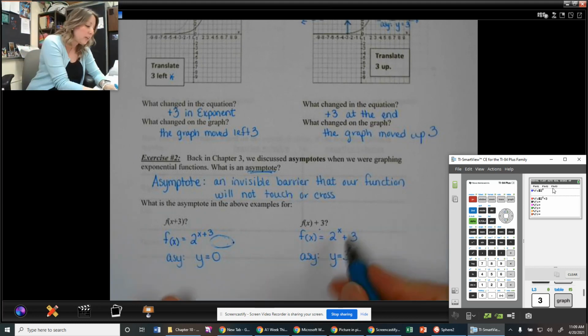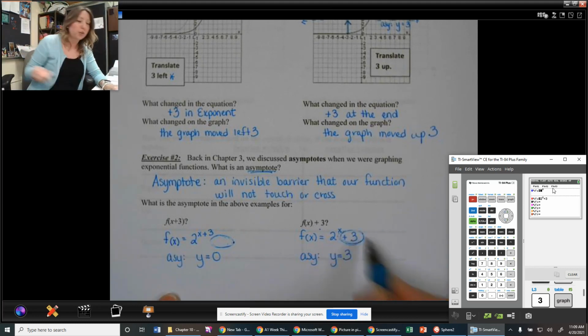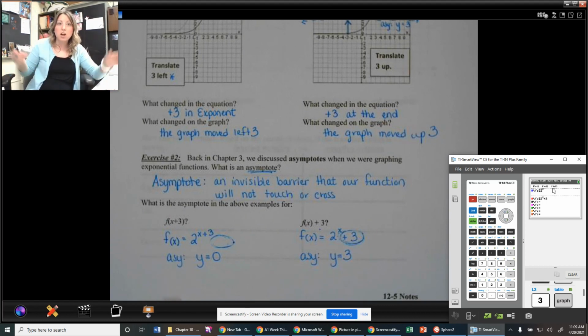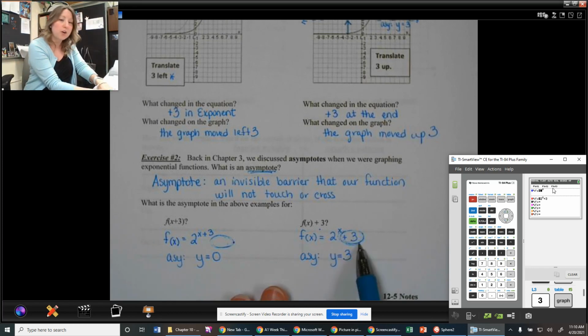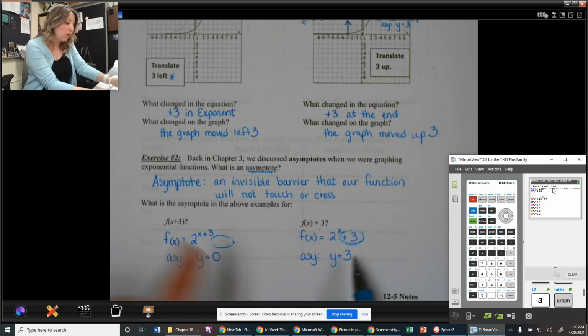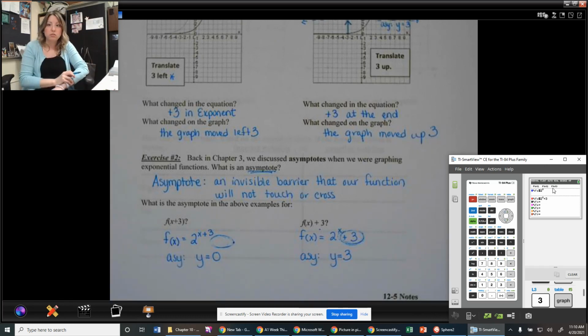So guess what this end number determines for us? Our invisible barrier we cannot touch or cross. Whatever this number is at the end of the function equation, y equals that is your asymptote. And we had talked about that in lesson 2. But again, it was a while ago, so it's good to review that, right?